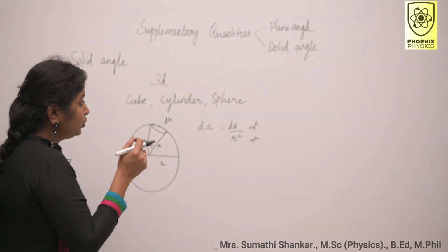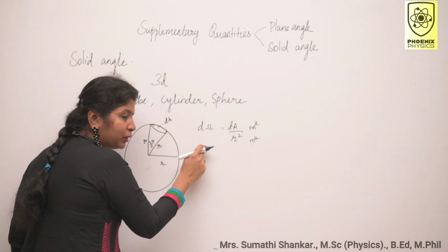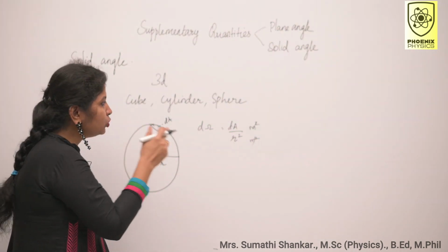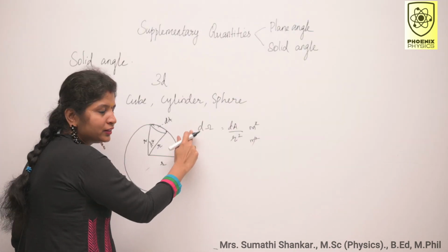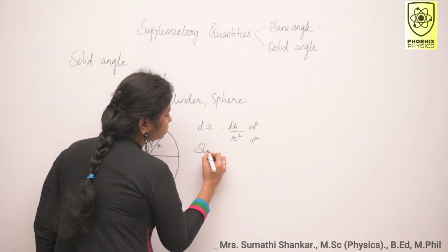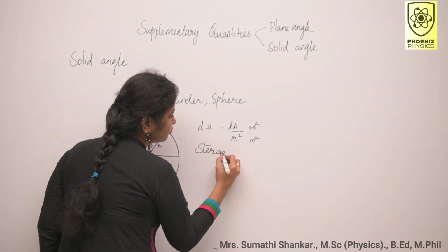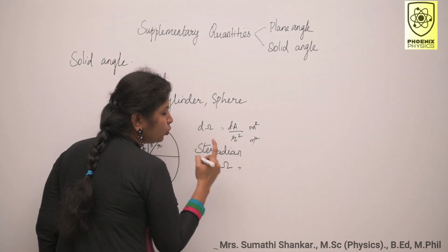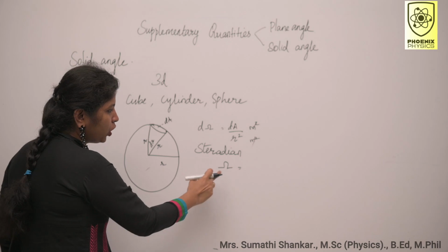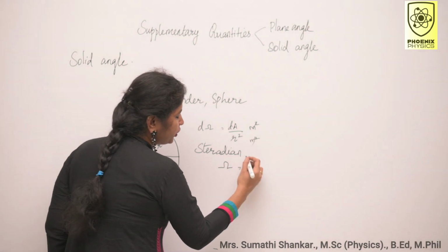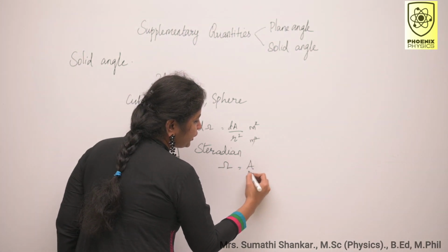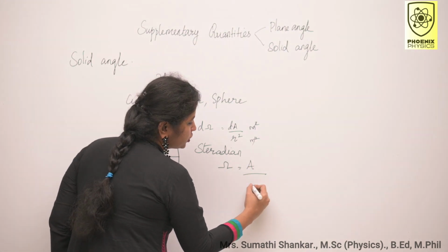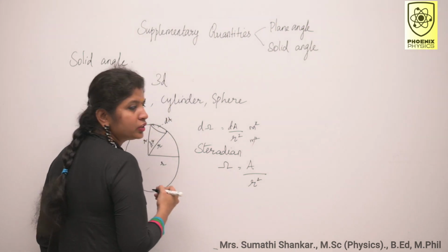But to specify the measurement, we give a specific name to this ratio, that is steradian. How will you define one steradian?